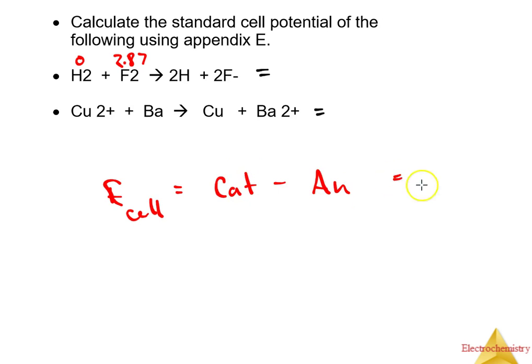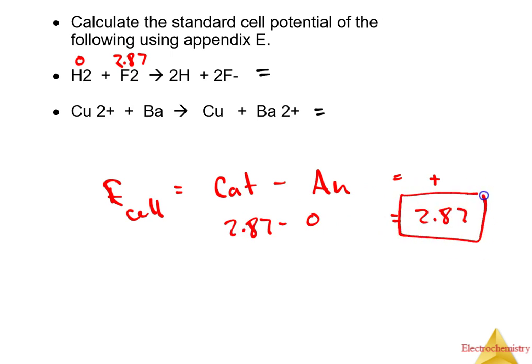And it needs to be a positive value, right? So which one is which? 2.87 minus 0 equals 2.87. It's really nice when we use hydrogen, right?